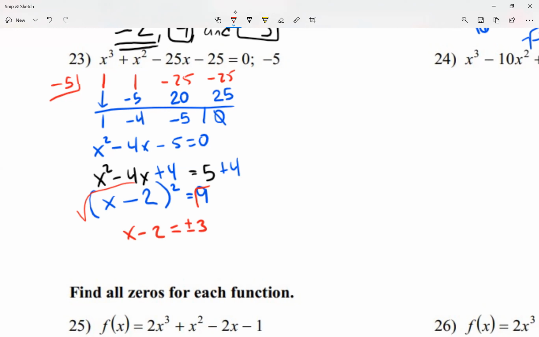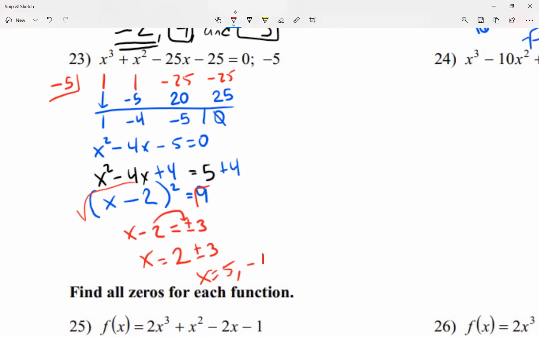So I'm going to say x is going to be equal to +2 plus or minus 3. Notice all I did, the -2, I brought it over. That's a +2. So +2, plus or minus 3. So that means that x is equal to 5 or -1. Right? 2 plus 3, 2 minus 3.